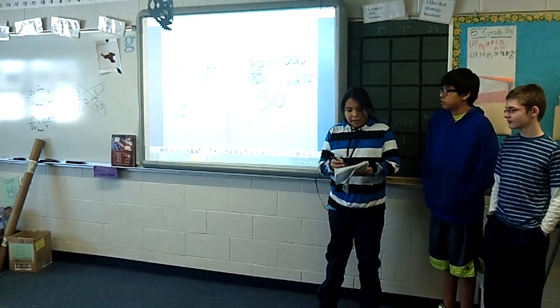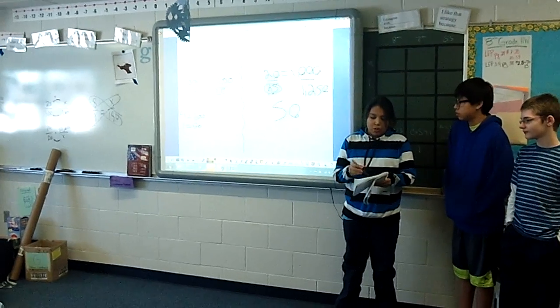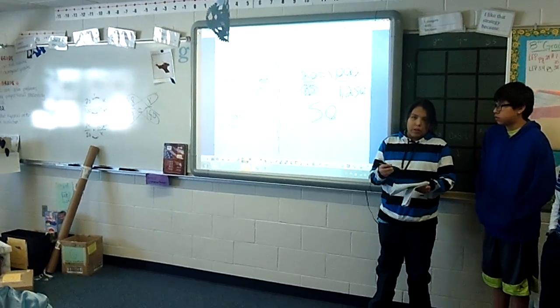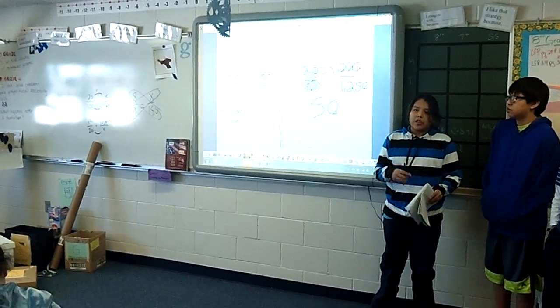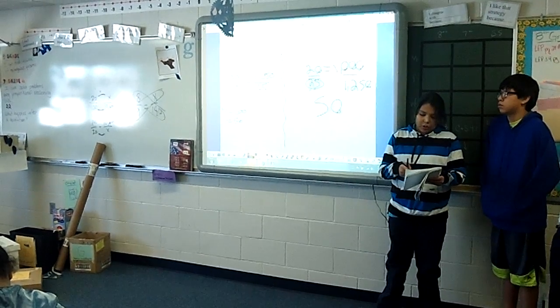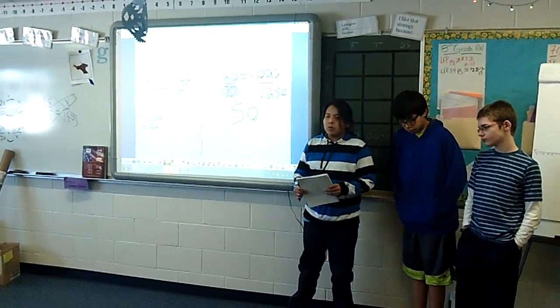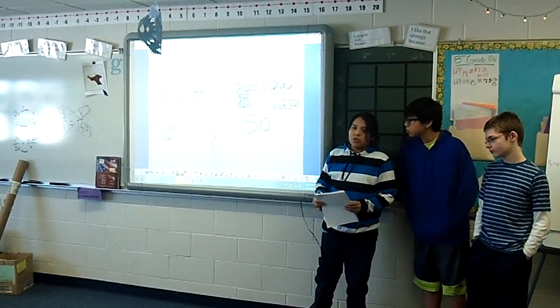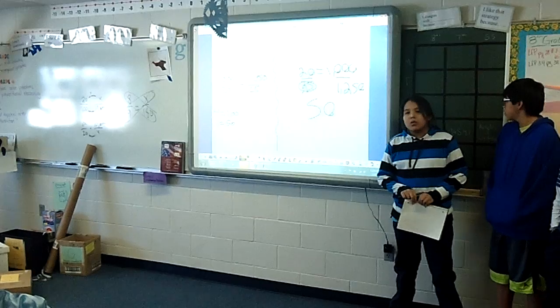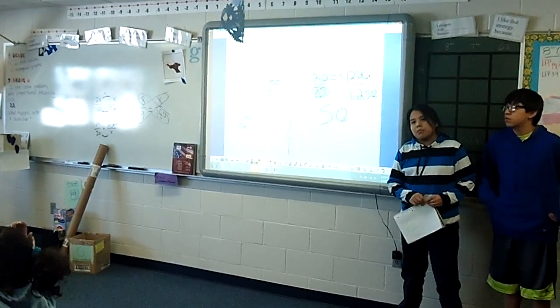So then I figured that if you do 25 times 50, it equals 1,250. So one of the answers was 50. So the cost of one calculator was $50. Okay.